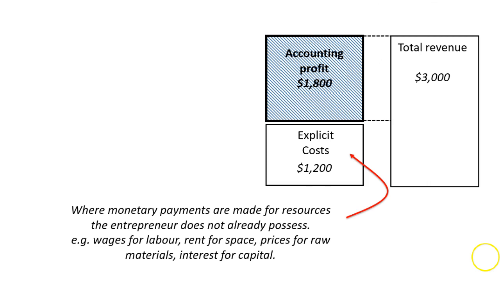The difference between them is the accounting profit that will appear on the books, so to speak. From the economist's perspective, this is inadequate because the explicit costs are not all of the costs that are in fact experienced by the entrepreneur.